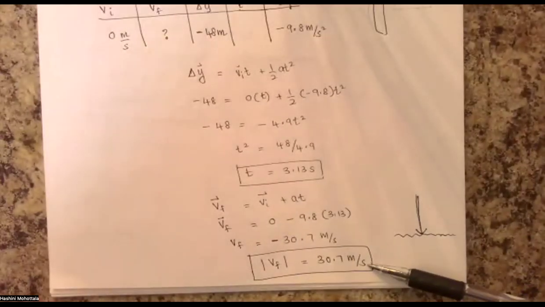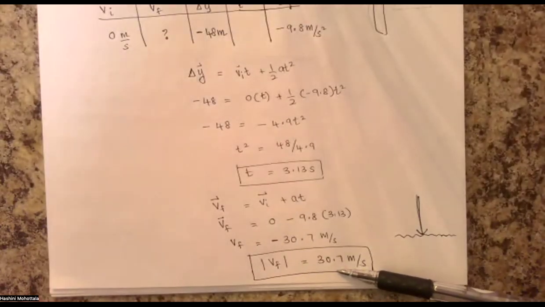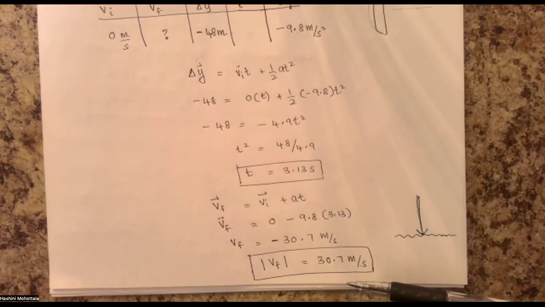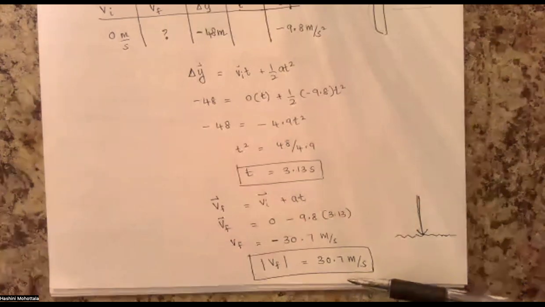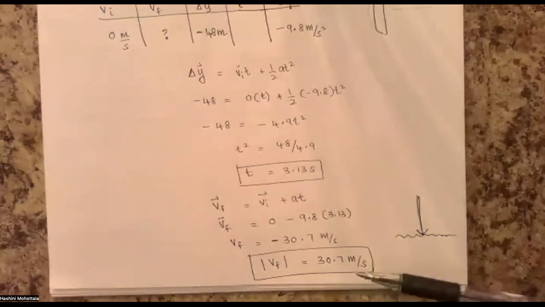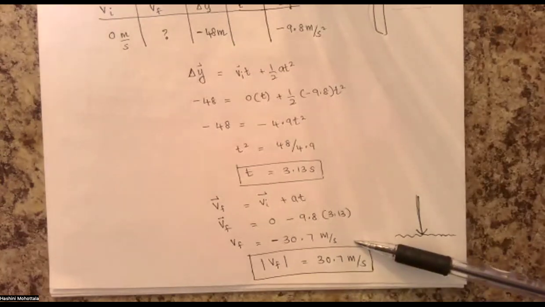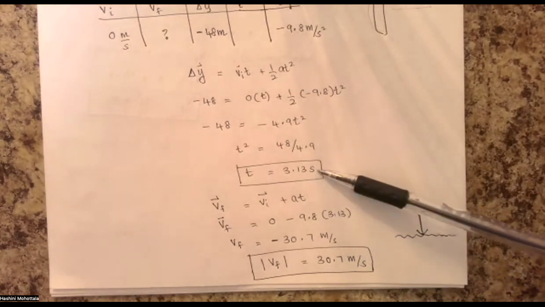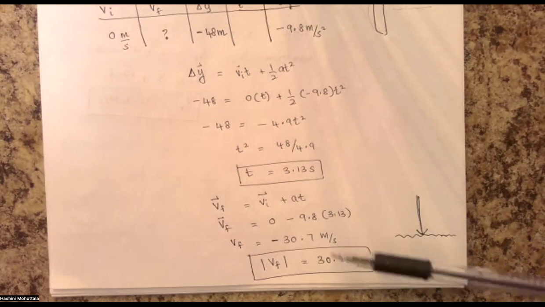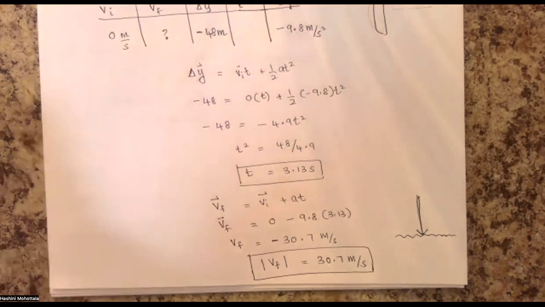And final velocity, they will end up with a positive 30.7 because they took down as their positive direction. Is that clear, Lindsay? Yeah, that makes sense. You can do this problem again, taking down as your positive direction. You will have the same exact 3.13 without any sign change. And then here you will end up with a positive 30.7. Okay.